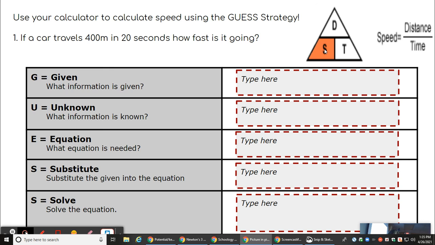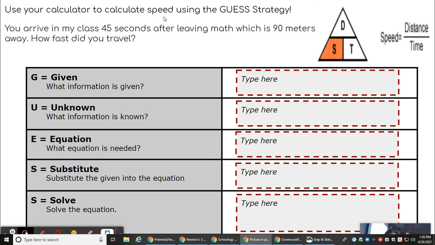Okay, so if a car travels 400 meters, that's your distance, in 20 seconds, how fast is it going? So this is your distance. This is what's given, 400 meters. The time it takes is 20 seconds. So distance divided by time, you would use a calculator and figure that out.